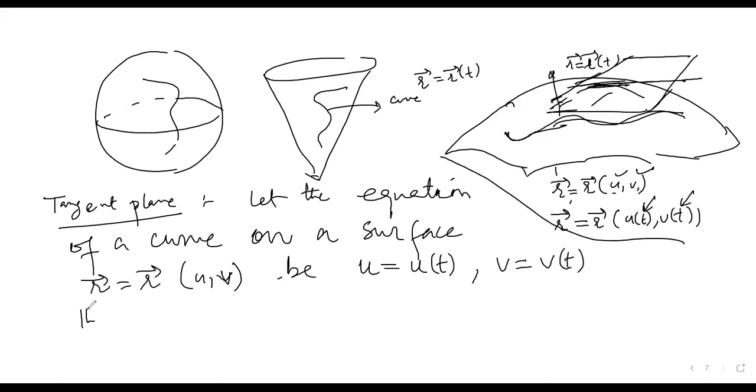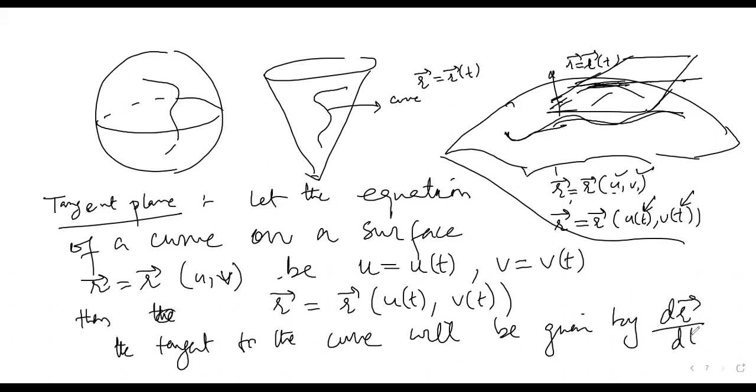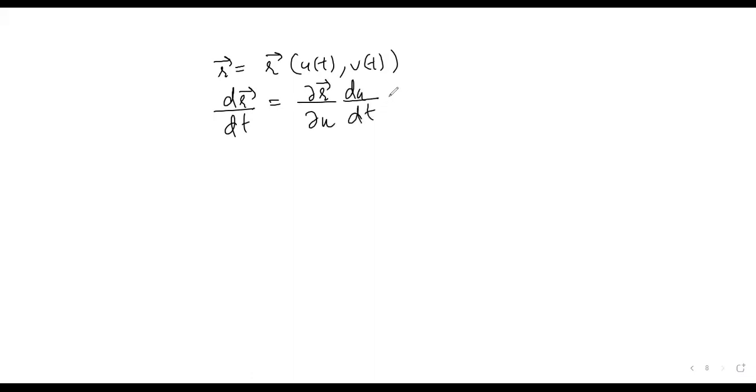So if that is the case, then our curve will be R is equal to R at u(t), v(t), and the tangent to the curve will be given by dr by dt, and here we will use the chain rule. So r was equal to r composition of u(t), v(t), so dr by dt will be, by chain rule, del r by del u into du by dt plus del r by del v into dv by dt.